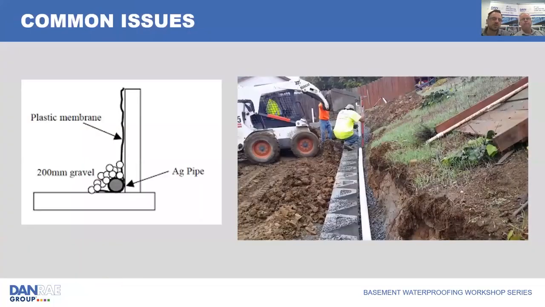So some of the common issues, firstly, the drainage is an issue with basements. As you'll see there, that's a brief sketch of where the Aggie line, the drainage pipe, is put in. Often that's not done to a fall.